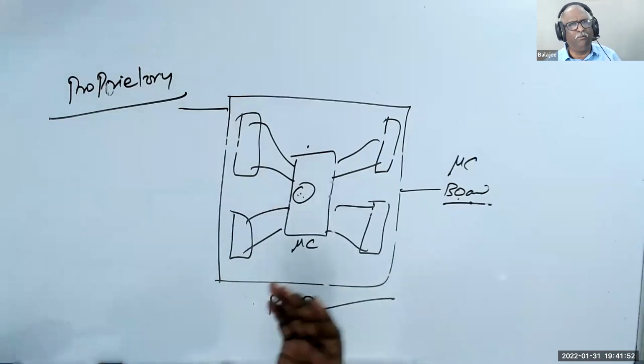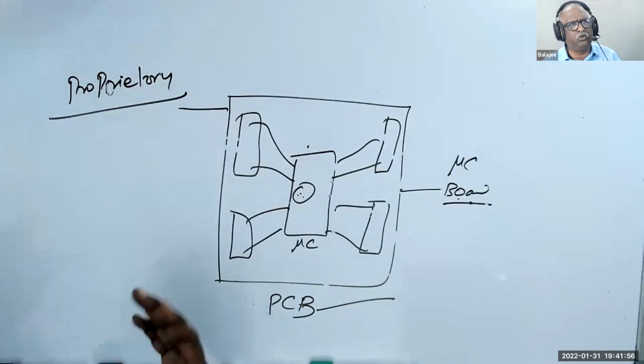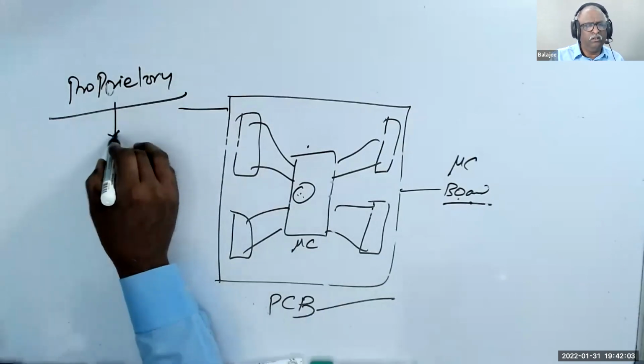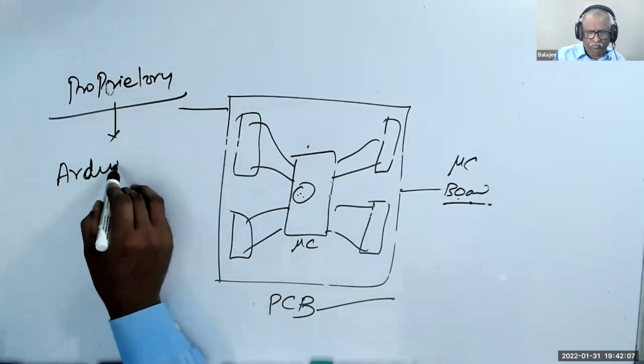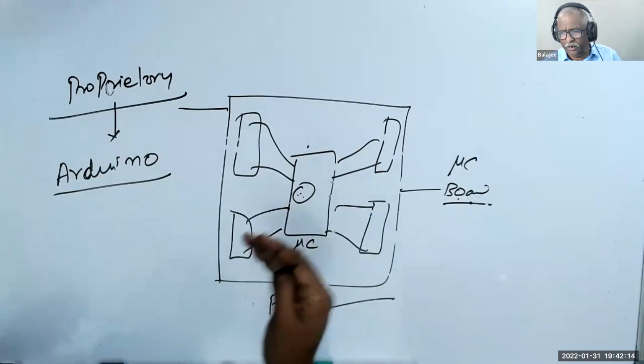You can buy the board from anybody and use it. Of course, about 10 years back a few college students started and came out with a board. That is why it's famous: Arduino. Arduino is nothing but a board. Don't get confused. It uses a microcontroller from a company called Atmel.